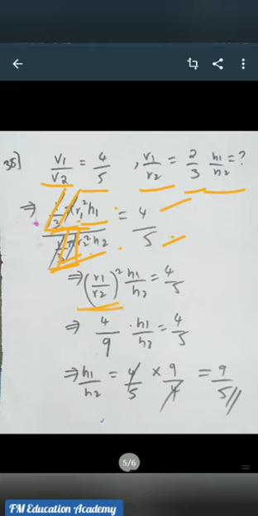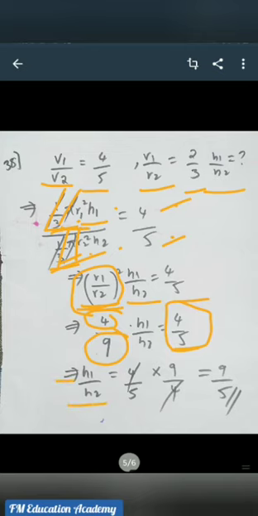So r1 square by r2 square into h1 by h2 is equals to 4 by 5. Now r1 by r2 is given to us as 2 by 3. So r1 by r2 whole square means 2 square, that is 4, and 3 square, that is 9, into h1 by h2 is equals to 4 by 5. So h1 by h2 is equals to 4 by 5 as it is, into 4 by 9 if it goes outside becomes 9 by 4. 4 ones are 4, 4 ones are 4. So we got the value of h1 by h2 is 9 by 5.